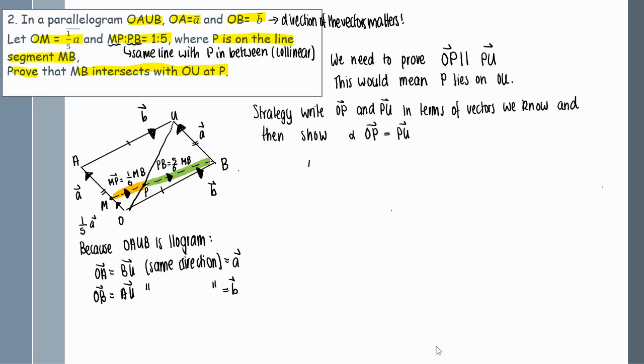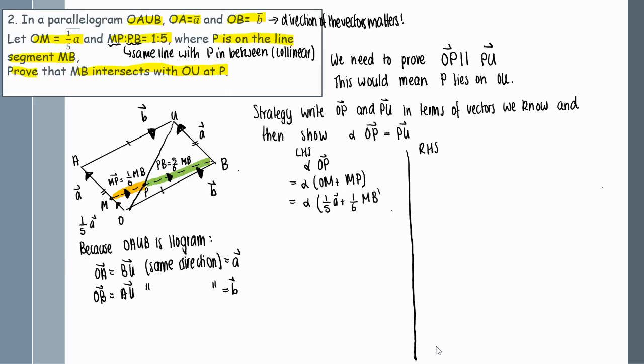Let's start with the left-hand side and figure out what OP is. Because there is a show that question, make sure you do the left-hand side and the right-hand side separately here. For OP, I can start at the origin, go to M, and then go along M to P. So OP is equal to OM plus MP. We know OM, because of what we drew in, was 1/5 of a.